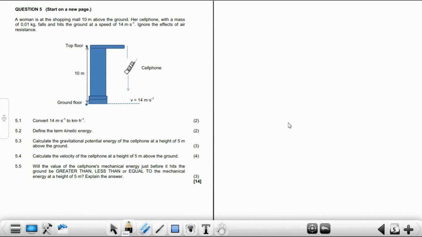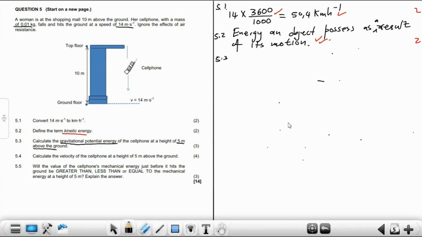So at 5.1, they want us to convert 14 meters per second to kilometers per hour. But in most cases, it's the other way around, from kilometers per hour to meters per second.